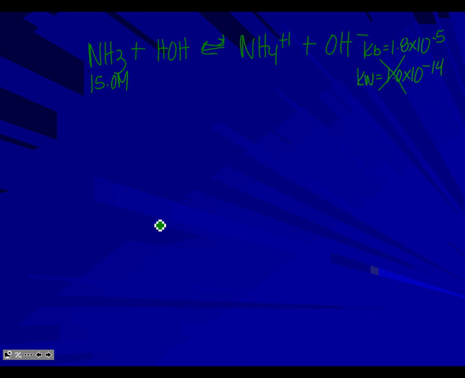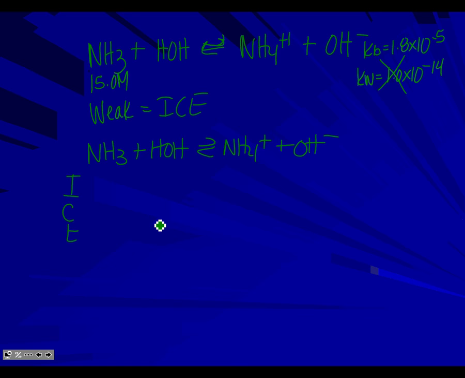Okay, so weak. Remember we talked about this before. Weak equals ICE. So we've got to start with our ICE chart first. So we'll write that equation one more time. We know that we have 1.5 molar of our ammonia.